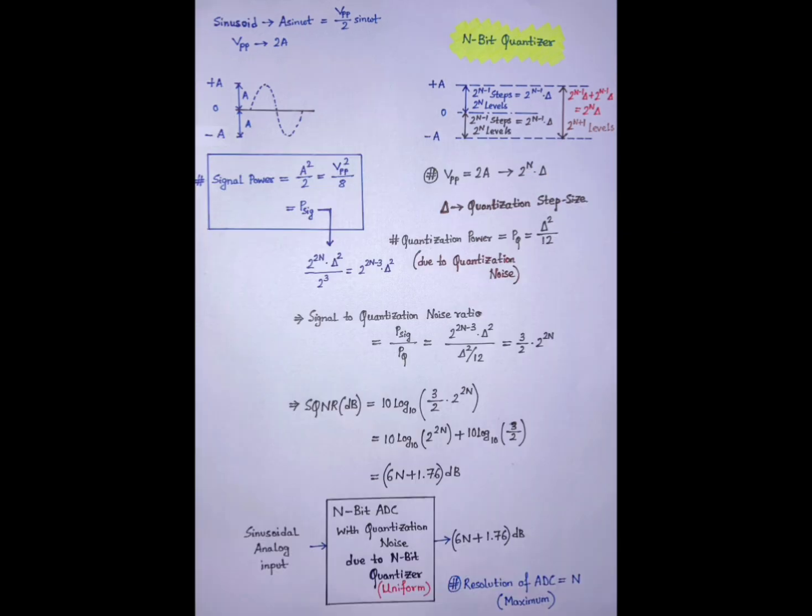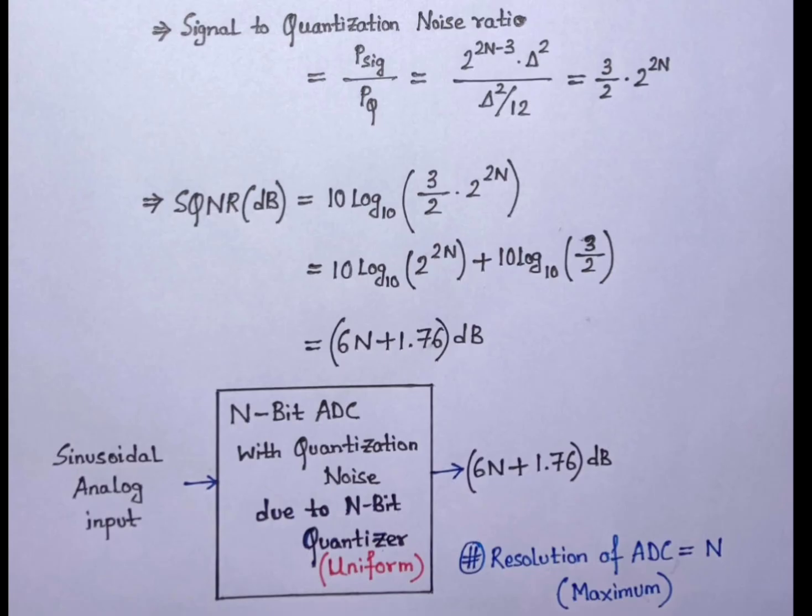Always remember this fact: if a single tone, a sinusoidal input, is given to an n-bit ADC, which has an n-bit quantizer where the quantization is uniform, and you have only quantization noise, and there cannot be other noise like jitter noise or thermal noise, and there is no distortion, then you will get the maximum SNR, which is equal to 6n plus 1.76 dB.